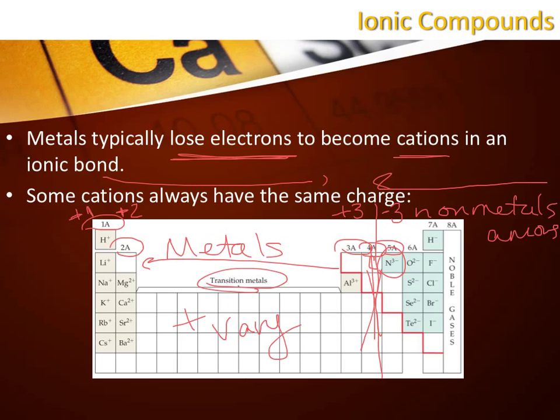You can see what I mean by mirror image: +3, -3 are right next to each other. The oxygen group, when they become ions, have a charge of -2. And the halogens have a charge of -1 when they become ions. So those you should definitely memorize. Okay, you're going to need those.